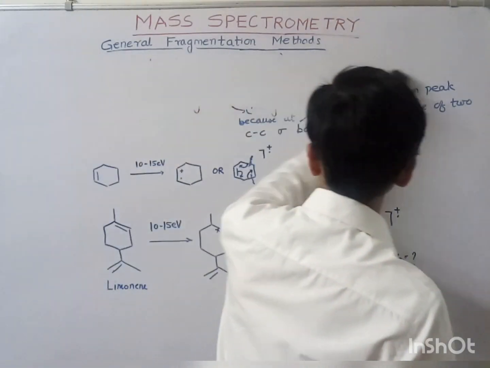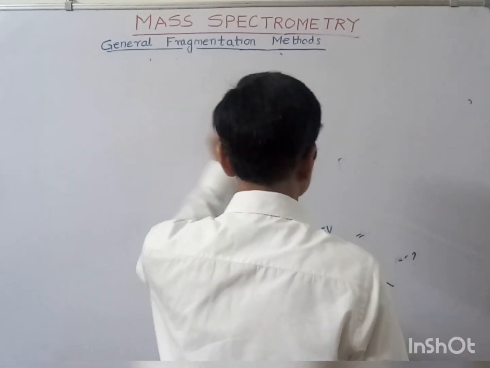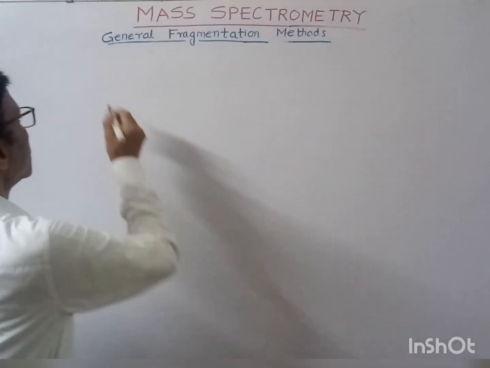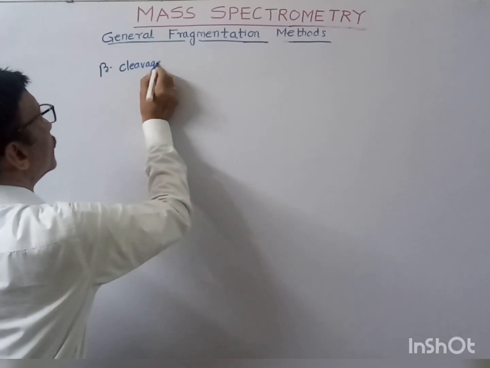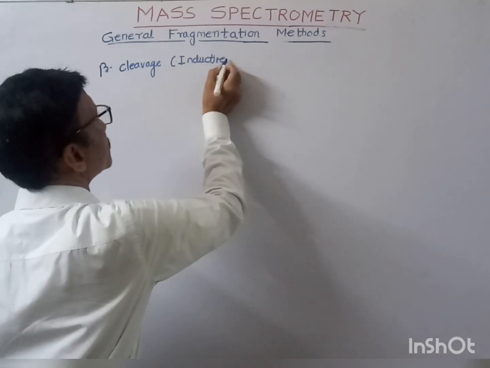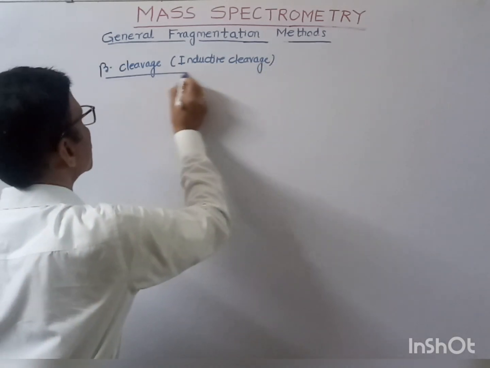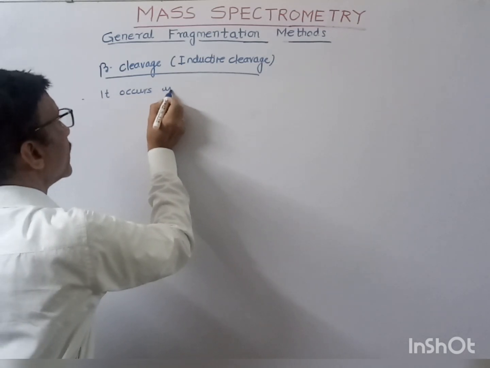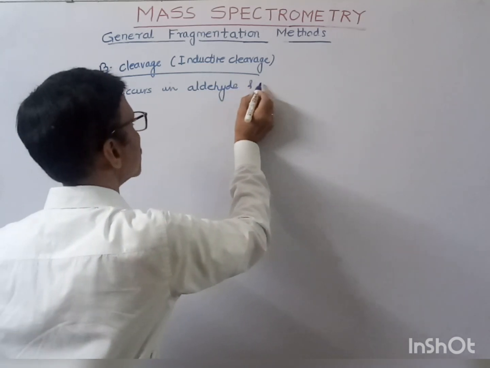Now let us see the next one. The next type of fragmentation is the beta cleavage, which is also called the inductive cleavage. You will see such cleavage in aldehydes and ethers also.